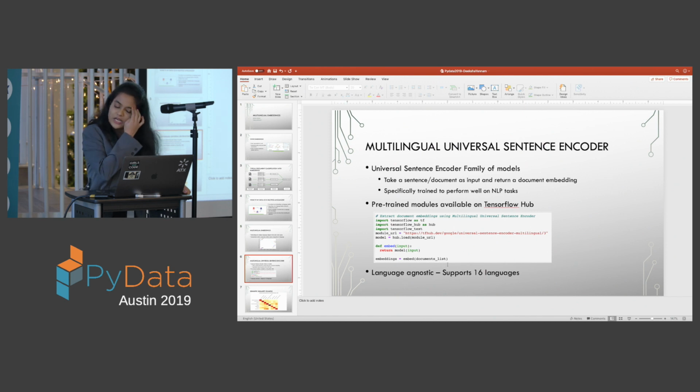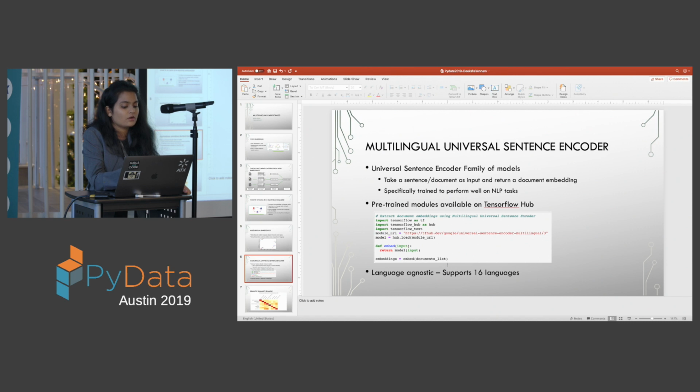The way they train these is for each document, they average the word vectors and then put the resulting sentence encoding into a deep averaging neural network, and then they train the encoder such that it performs well on different NLP tasks like sentiment classification or semantic retrieval or translation.